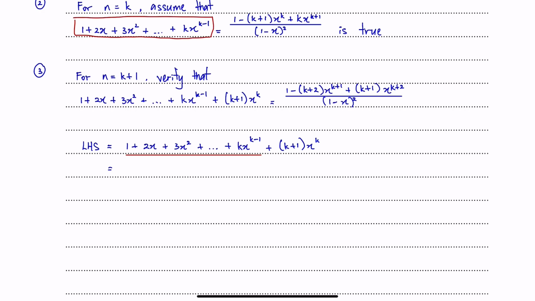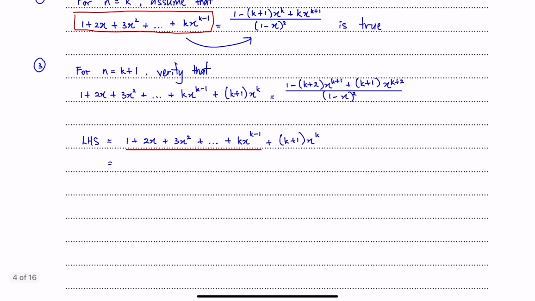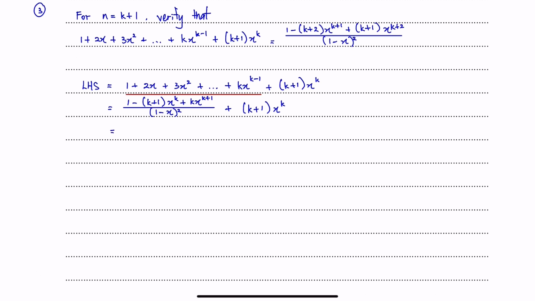From the second part, we assume that this is equal to this, right? So we can sub the whole thing into the equation. We can write it as this. And remember to add the last term. Okay. So let's make it into one fraction.